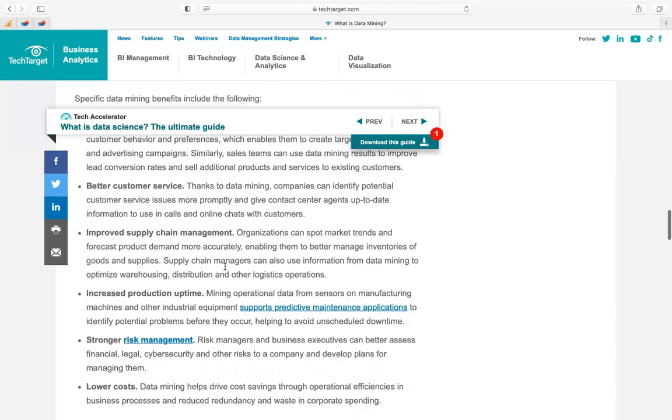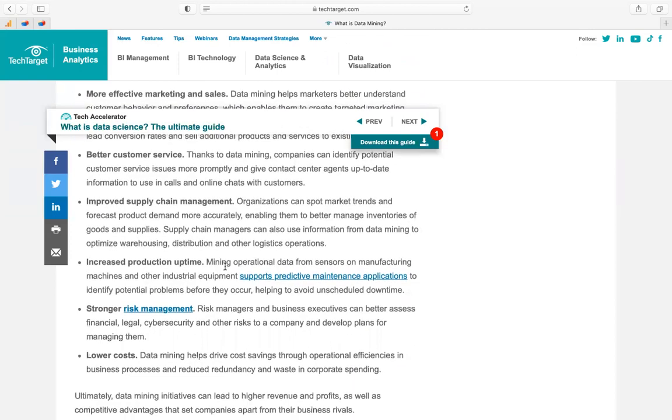Now, improved supply chain management. Organizations can spot market trends and forecast product demand more accurately, enabling them to better manage inventories of goods and supplies. Data mining helps in optimizing warehousing, distribution, and other logistics operations.